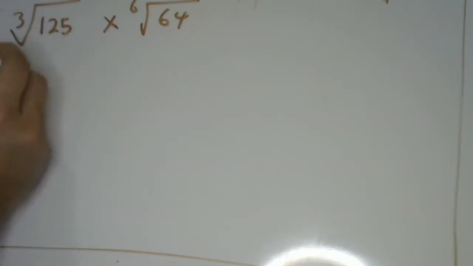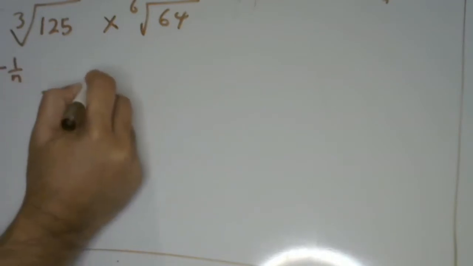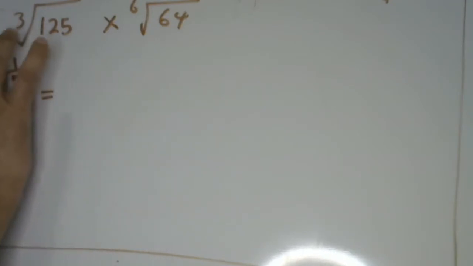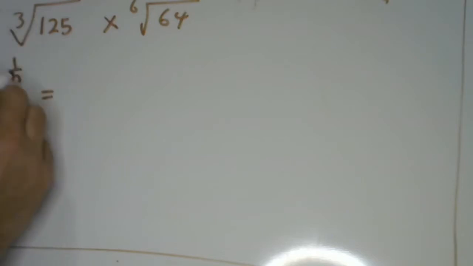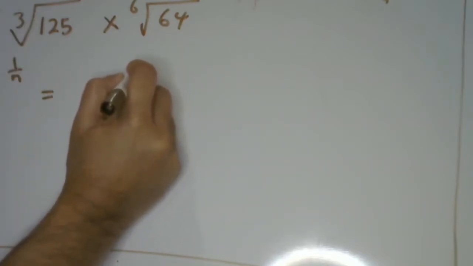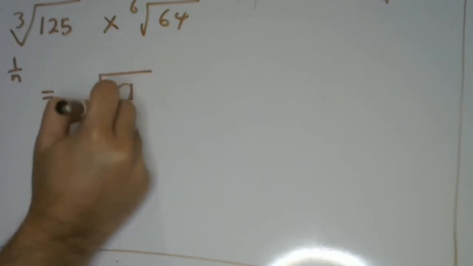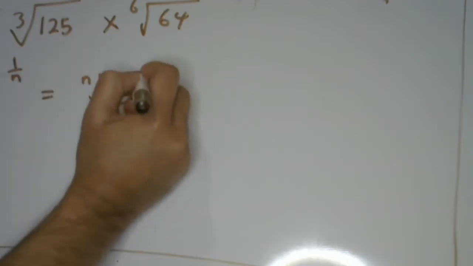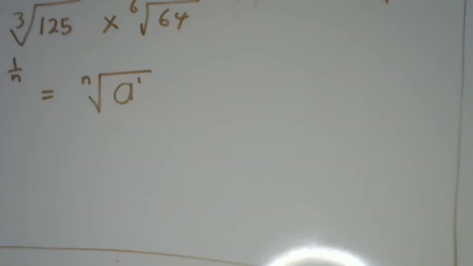You can think about this law: a to the 1 upon n is the same as the nth root of a. So I'll utilize this law or this rule.